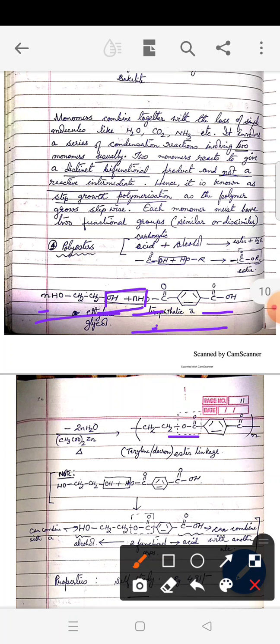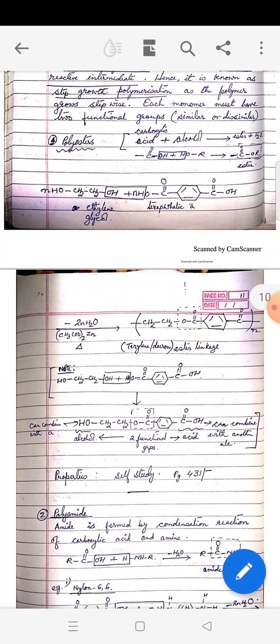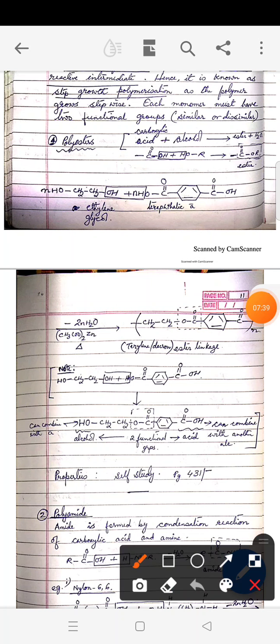So you can see here I have written the stepwise reaction also. After the first step of reaction, that means from here to here if I write, you can see you are getting HO, then CH2, CH2, OCO, benzene ring, COOH. So you can notice here, after the first step of reaction, again we get two functional groups at the two ends of the chain.